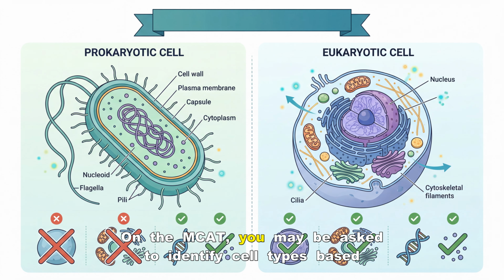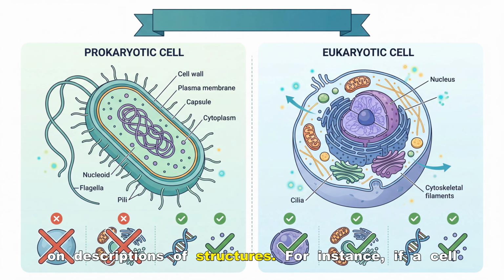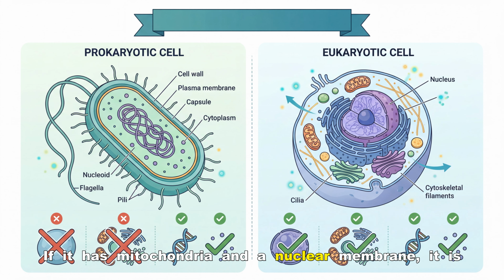On the MCAT, you may be asked to identify cell types based on descriptions of structures. For instance, if a cell has ribosomes but no nucleus, it is prokaryotic. If it has mitochondria and a nuclear membrane, it is eukaryotic. This concept also connects to transcription and translation.